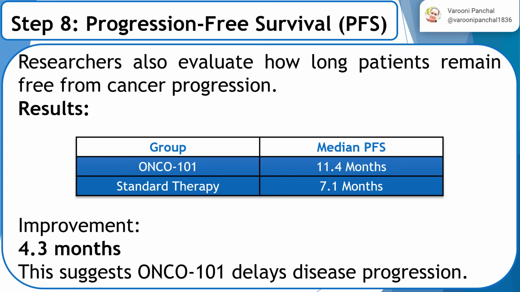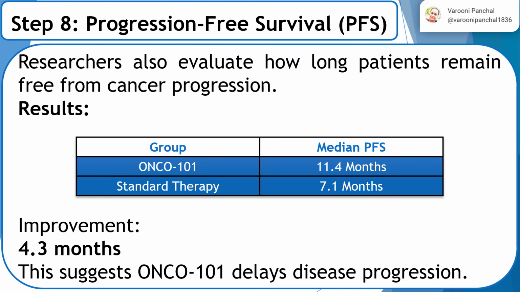Now step 8 is progression free survival, which is PFS. Researchers also evaluate how long patients remain free from cancer progression. The terminology of this specific secondary endpoint is PFS, progression free survival.